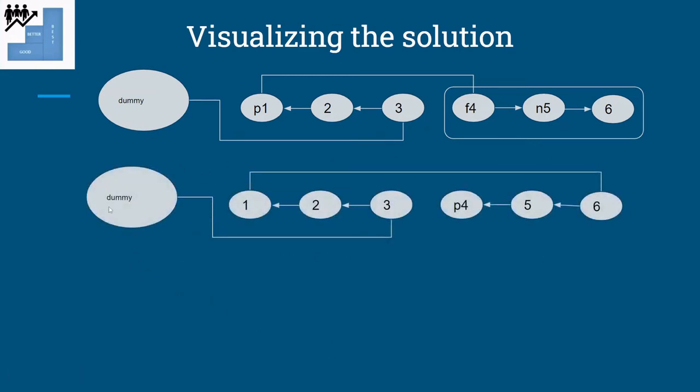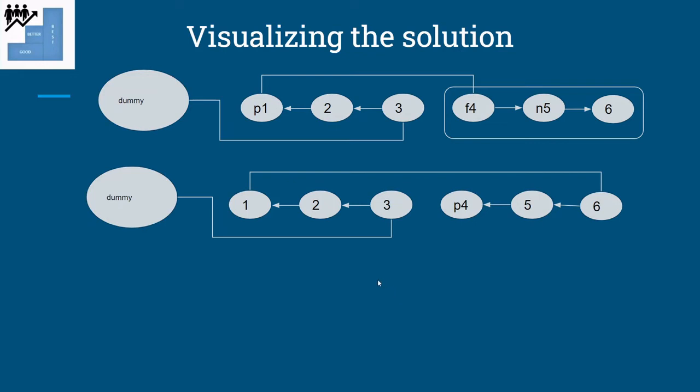And finally, the dummy node, which we purposefully kept in order to have the reference to the first node of the altered linked list. So dummy node's next would be the starting point of our answer. So dummy.next and then 3, 2, 1, 6, 5, 4. And that's it. That's how we'll get the solution.